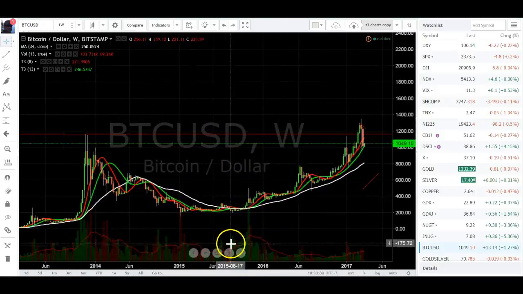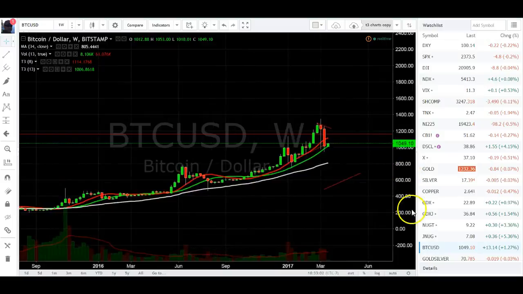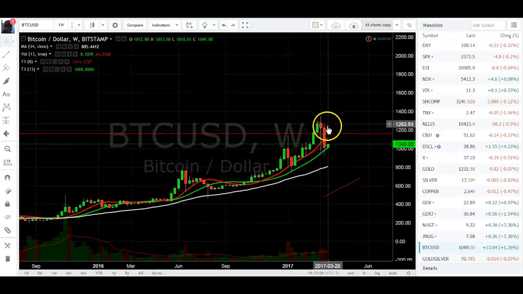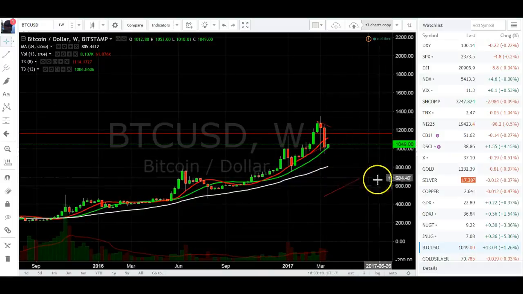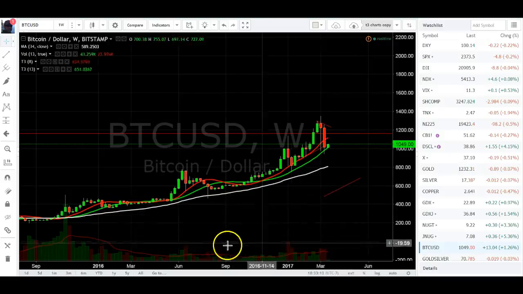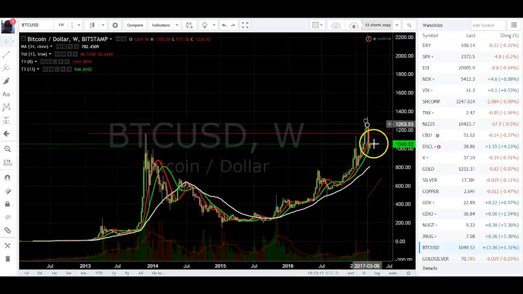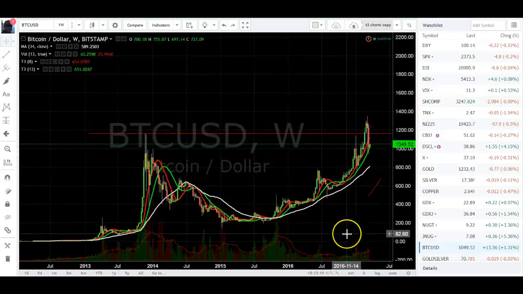I was in the opinion, before it broke out, that it was gonna hit resistance and then come down as a handle, making this a huge cup and handle. So I'll keep watching for that.